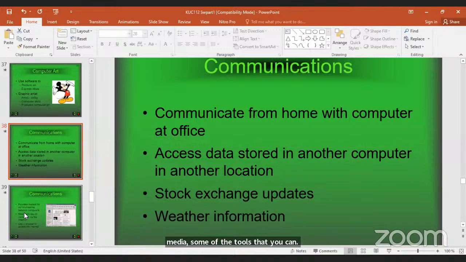So we have software that you can use to access data and store it in another computer in another location. And we have software that you can use to communicate stock exchange updates and weather information. Like my software can tell me that today is going to be rainy.